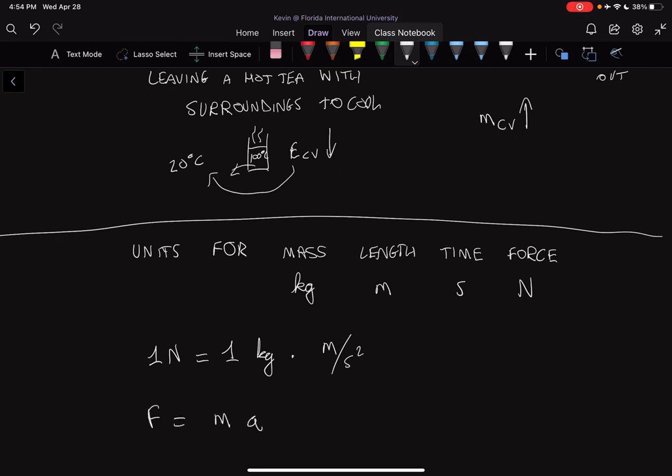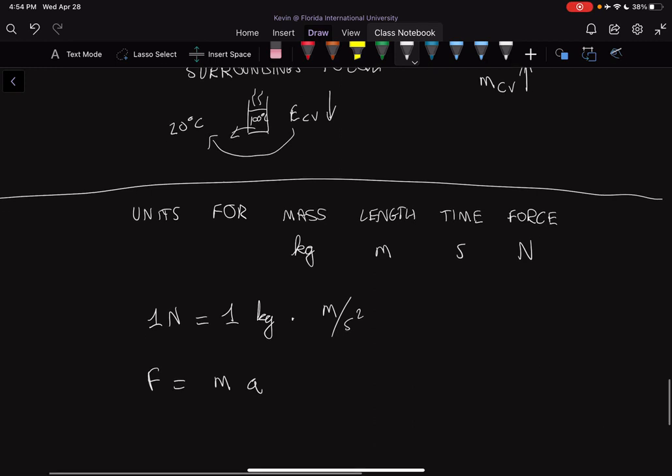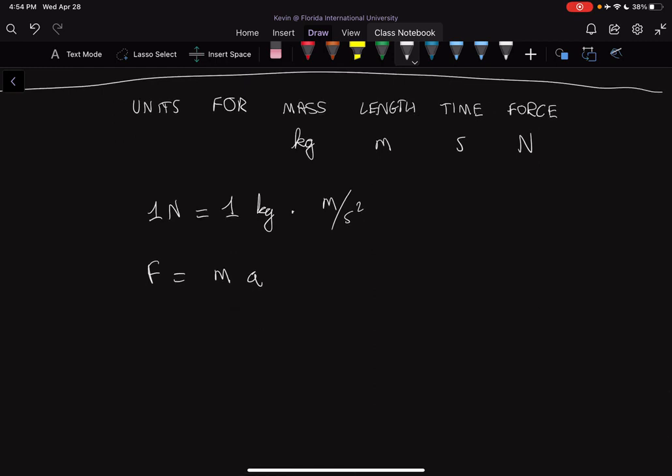Okay, and by using the units of MA, you can find what the unit of the Newton represents. Now, remember that mass is not the same thing as weight. Weight is equal to mg, and it's equal to mass times 9.81 meters per second squared. Okay, so weight is also in newtons, just to make sure we don't confuse weight and mass.